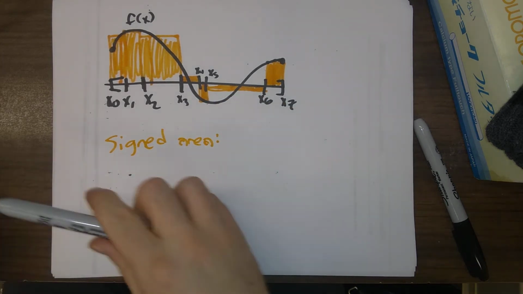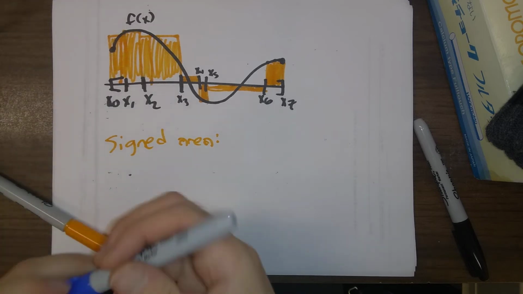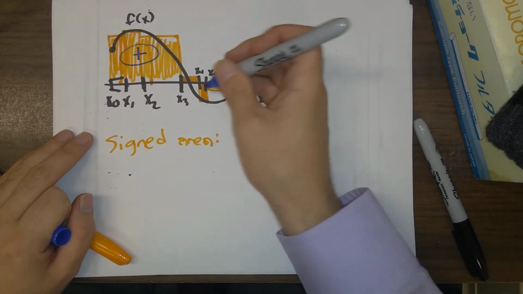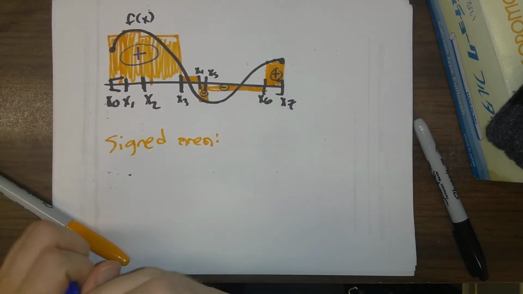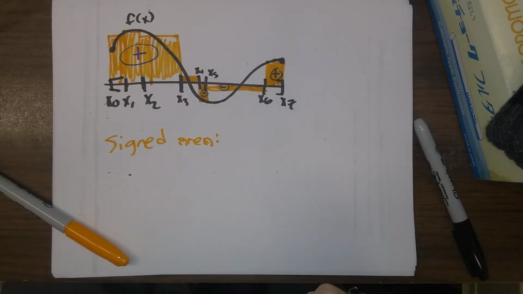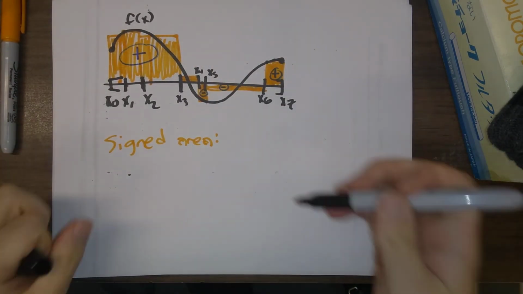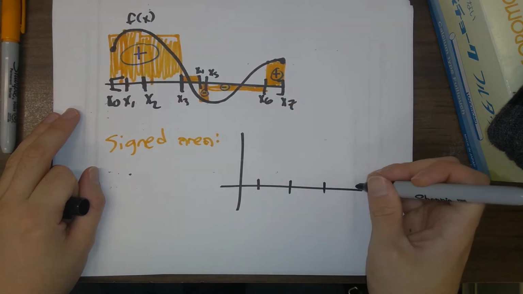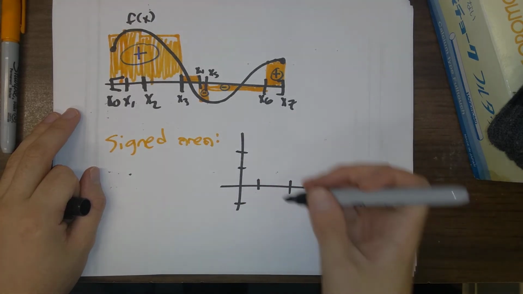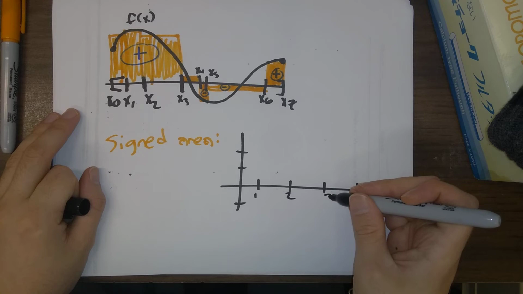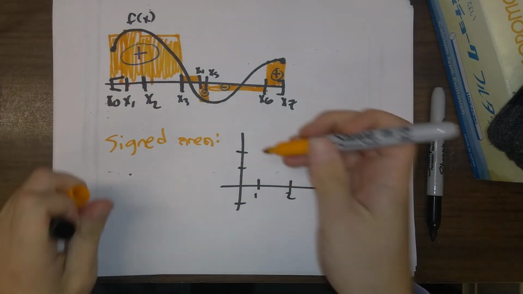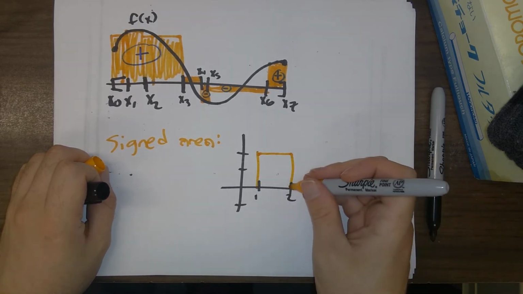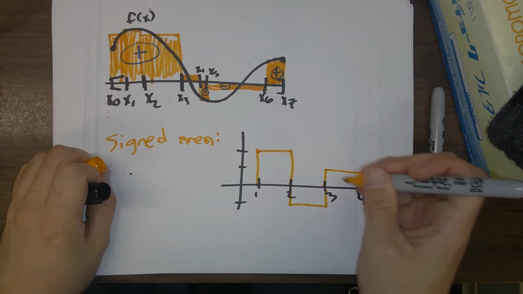When we talk about signed area, what we mean is that any area above the x-axis is going to come with a plus sign, and any area under the x-axis is going to come with a negative sign. Just as a real quick example, suppose that our function, or even our approximation to our function, looks like this, and like this, and like this.